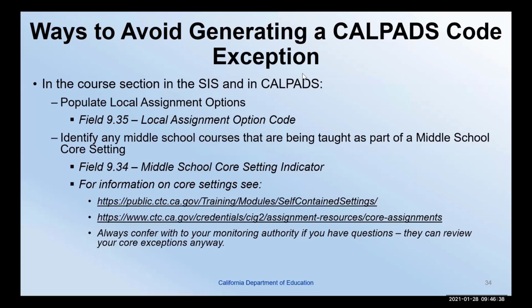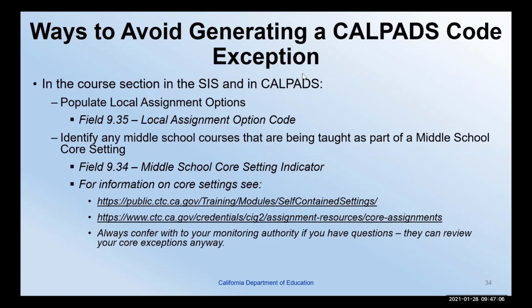So credential analysts, those of you on the credentialing side of the house, it is really important that if you have educators annually on local assignment options, you provide that information to your student information system or CalPADS coordinator so that they can get that information into the student information system so that it gets reported up to CalPADS. If you don't do that, you're going to have to work the exception in CalSAAS.